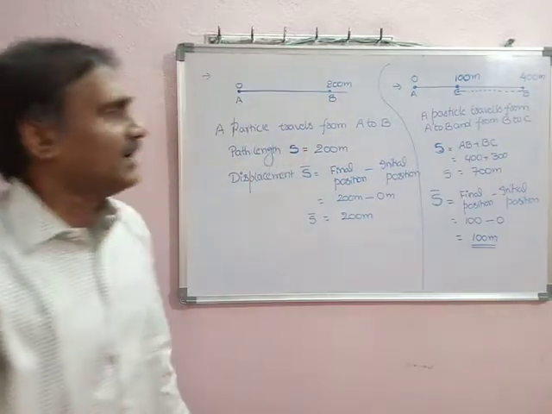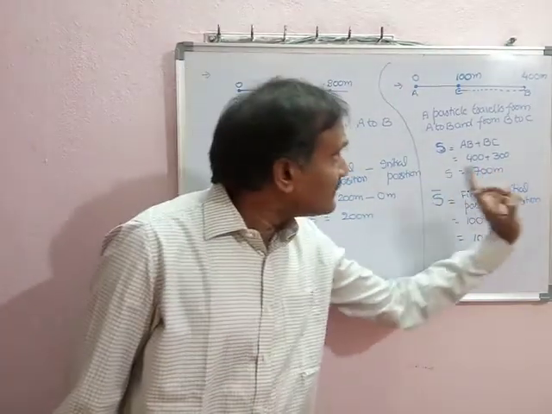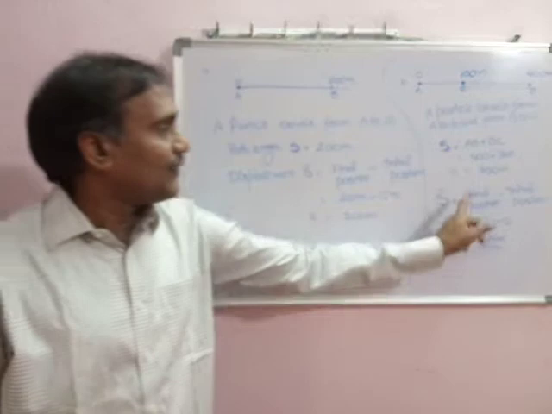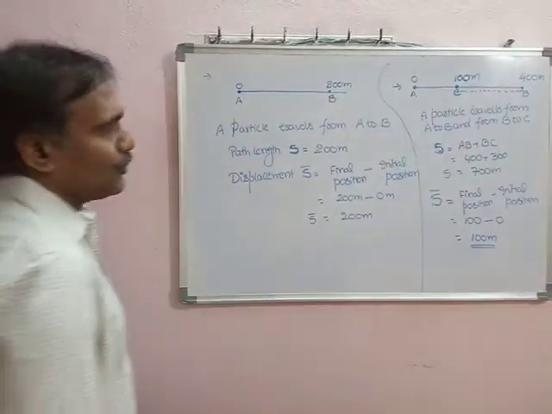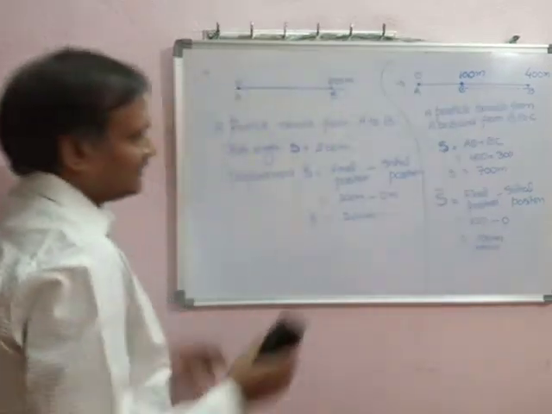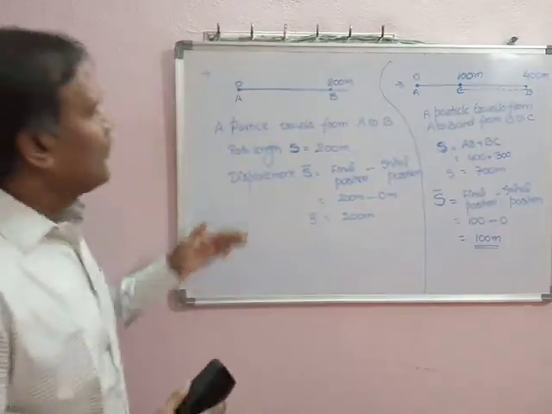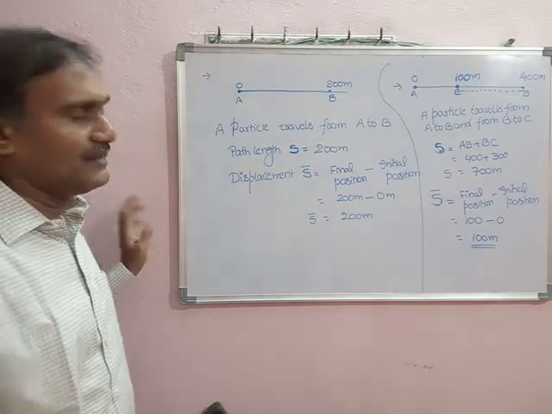Displacement becomes 100 meters. Distance is 700 meters. Final position minus initial position. Remember that. Now you remember these two examples. I will give the conclusion by using all these examples.